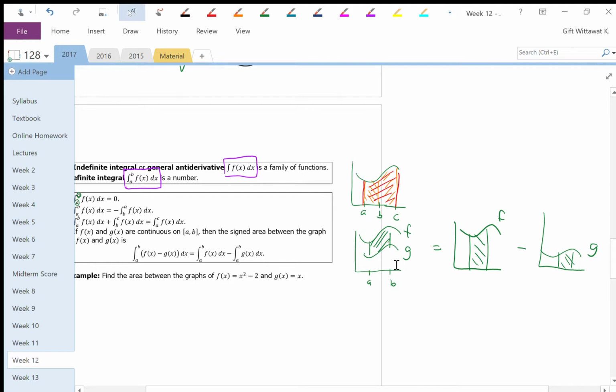Okay. So the area between f and g, it makes sense that it's just the area under f minus the area under g. So when you make this subtraction, it makes sense geometrically that this difference is the same as this area there. So that's why this equation comes along.